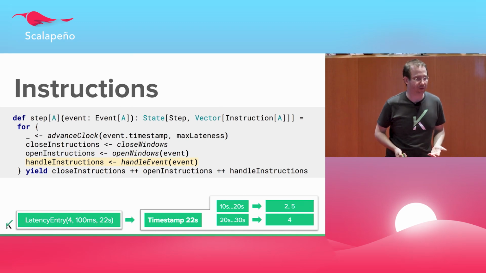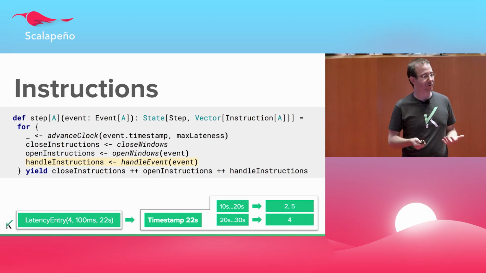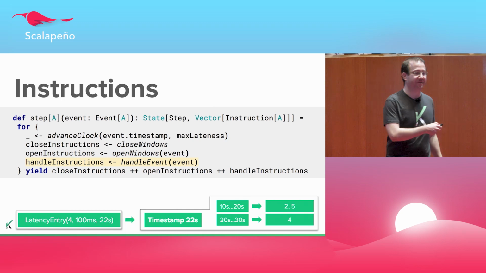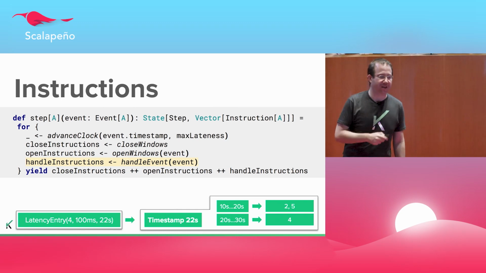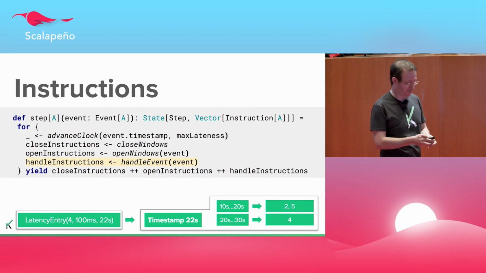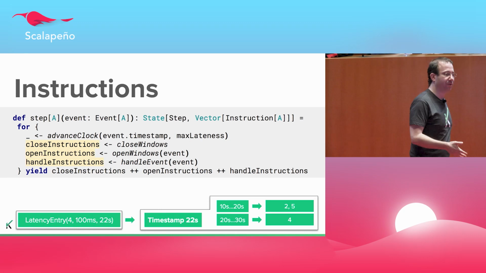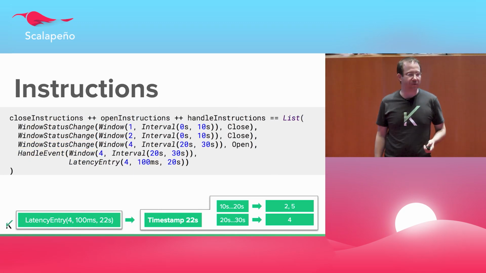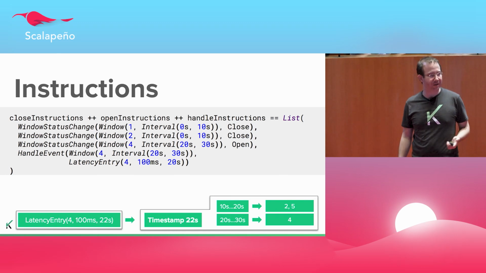What we have been doing, though, is generating instructions to be followed right after the step function. So we also generate one in order to handle the actual event. And we gather all those close, open, and handle instructions. Those would basically, for this run, look like so.